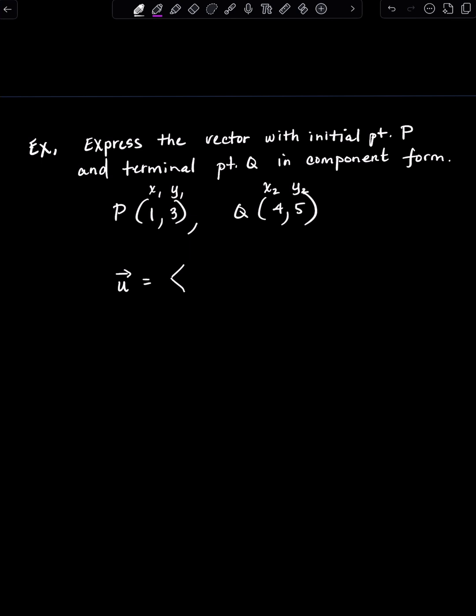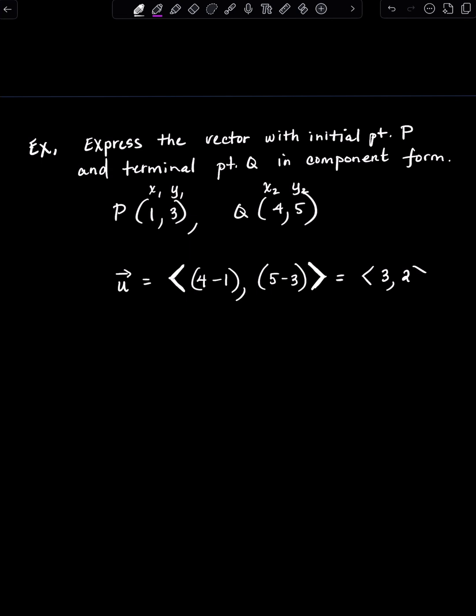We've got 4 minus 1, and then the change in y, which is 5 minus 3. Also note, and I didn't mention this earlier, that the notation for component form is these brackets. So component form of this particular vector is 3, 2.